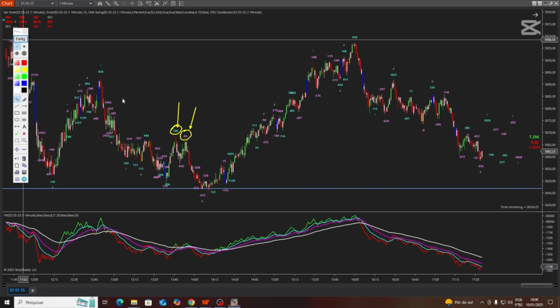We want 2 things: when the delta is negative, even though the market is rising, and we get an algo trade, this is a possible reversal, and at the top it is the same thing. Then I just said we had a positive 494 delta, and here we had an 838 with a strong blue bar. This shows professional activity in this region, meaning that possibly players were stuck in this region here.